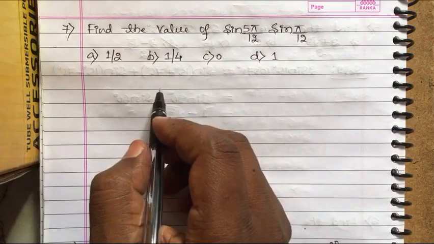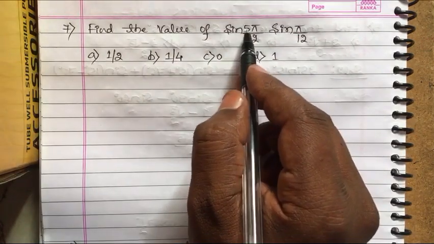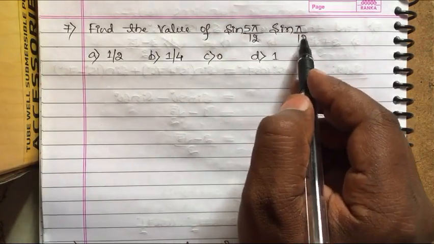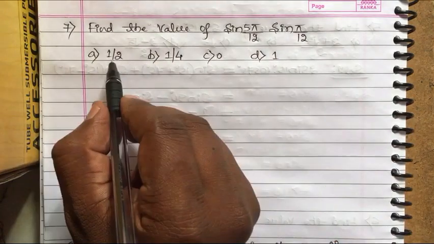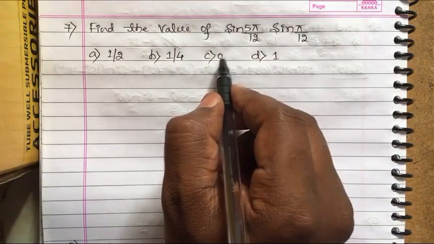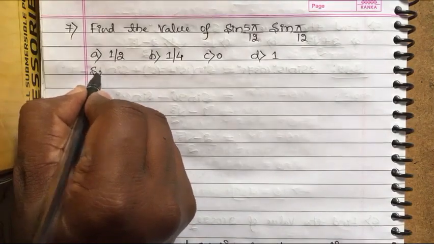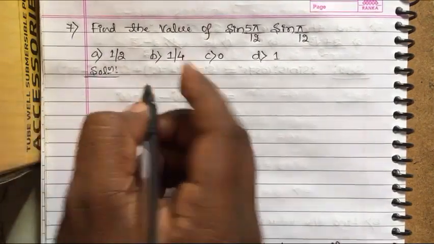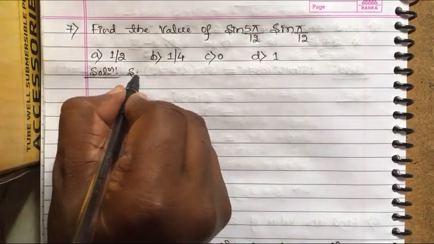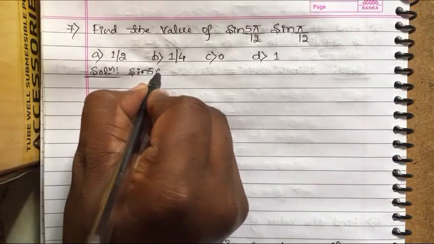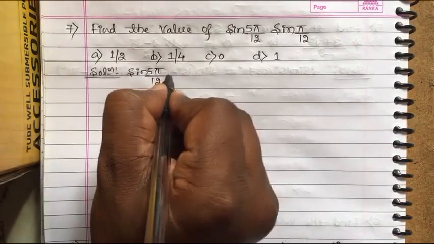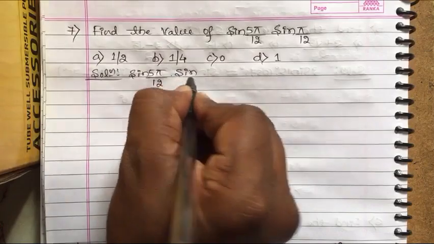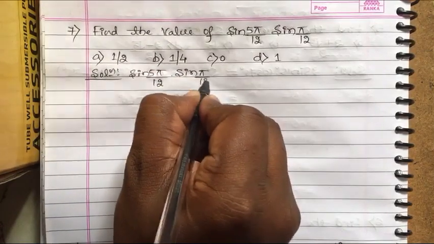Well, the seventh question: find the value of sine 5 pi by 12 into sine pi by 12. The four options are 1 by 2, 1 by 4, 0 and 1. So here sine 5 pi by 12 into sine pi by 12.